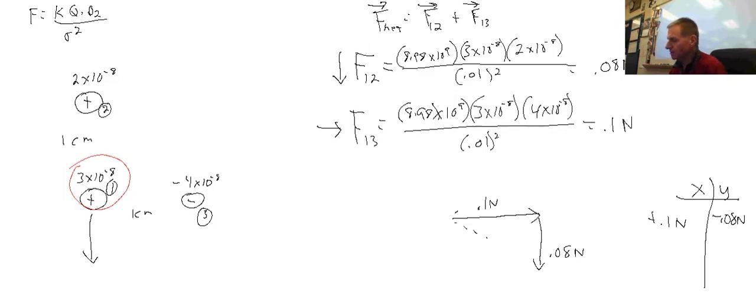And using the Pythagorean theorem, I can get the resultant of this, which turns out to be about 0.128 newtons. Okay, and so we added those as vectors.